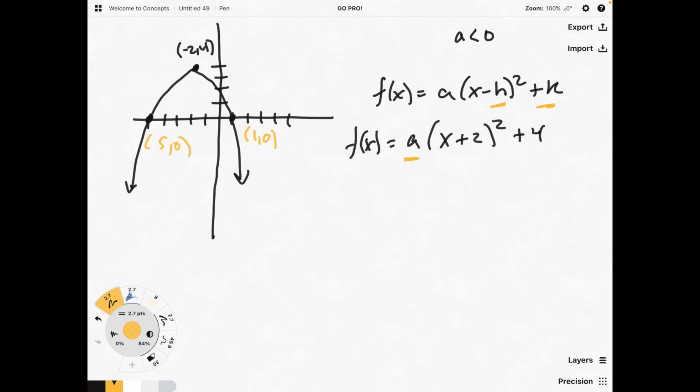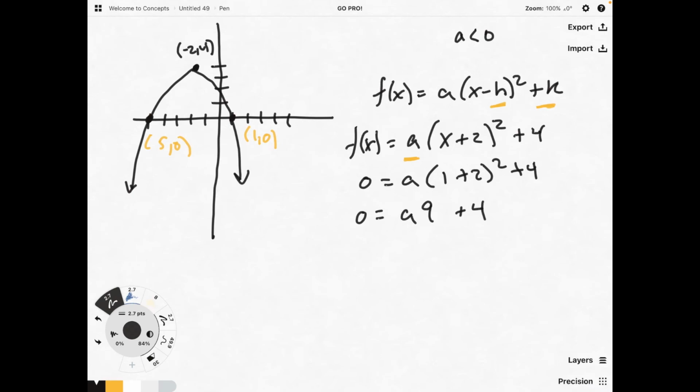With that known, if we plug in 1, 0 into this equation, then we're going to get 0 equals a multiplied by (1 plus 2) squared plus 4. 0 equals a times 9 plus 4. Move the 4 over, we get -4 equals a times 9, and therefore a is equal to -4 over 9.